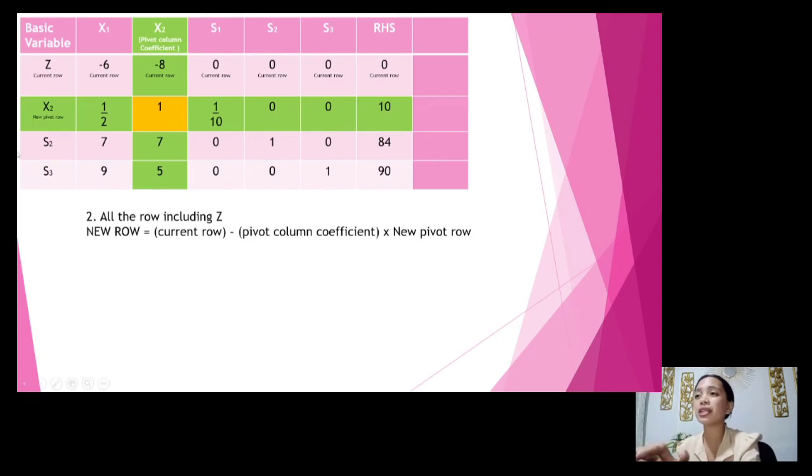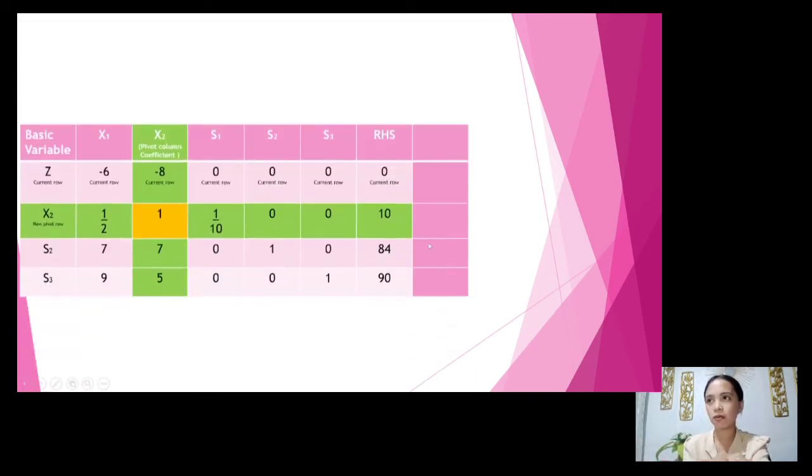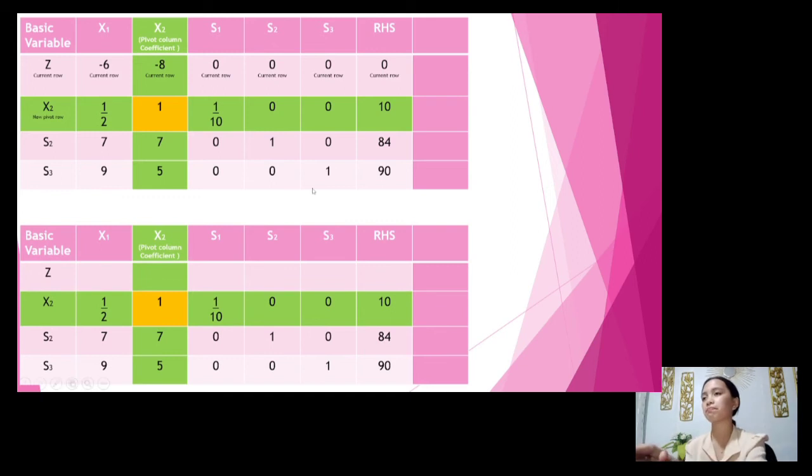Next, for all the rows including z, the new row is the current row minus the pivot column coefficient times the new pivot row. Okay, so for us to get the value of z, we should subtract from the current row the pivot column coefficient times the new pivot row.